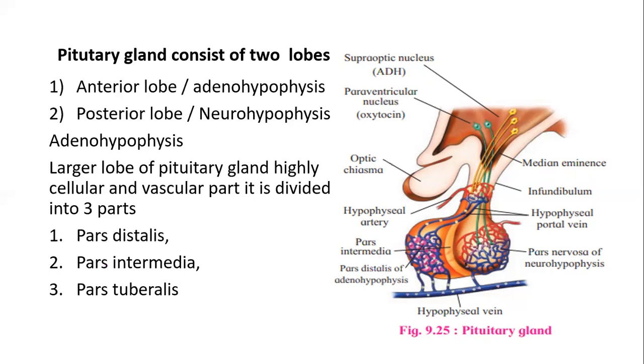The connection of Rathke's pouch with the pituitary gland is lost in embryo. The intermediate lobe, which is known as pars intermedia, this is pars intermedia. It is a small reduced part lying in the cleft between the anterior and posterior lobe.